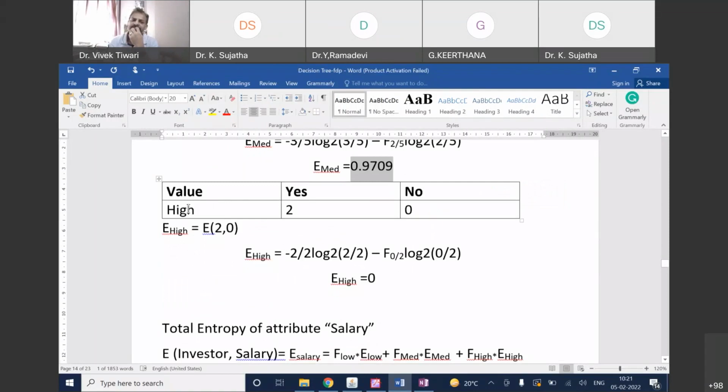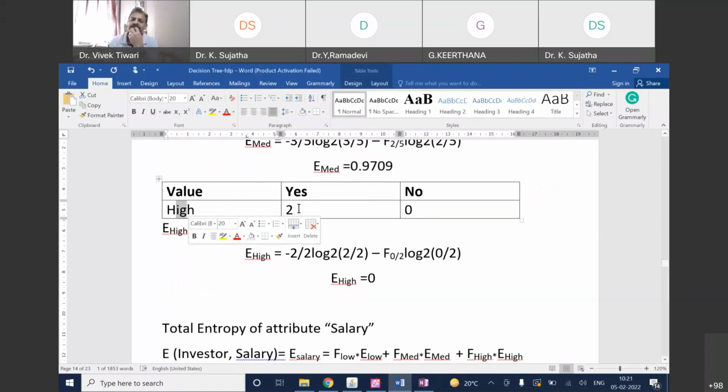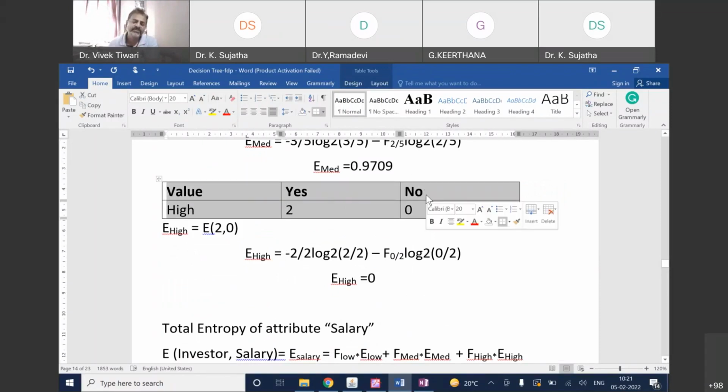Third is high. Luckily, high has 2 observations, and both are in the same class, yes. It's the ideal case. The entropy will be 0. There is no randomness. If your salary is high, what is the meaning of that? In machine learning, interpretation is more important. If your salary is high, you will invest.